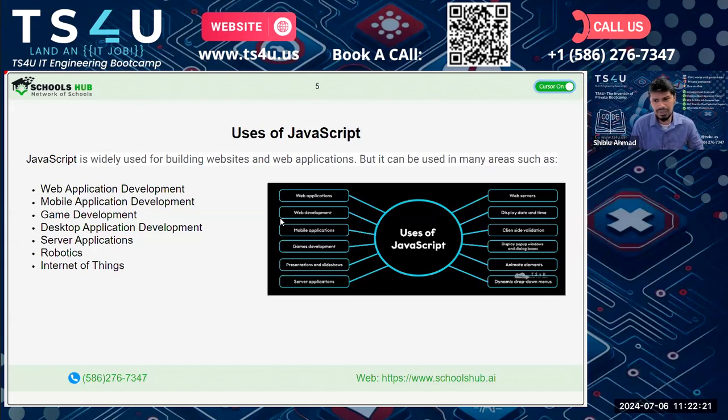It is being used by millions of companies, and it is free, right? And you can read more details about what you can do with JavaScript. In TS4, all our applications, anything and everything, our front end, our back end, mobile application, desktop application, JavaScript is the core programming language.